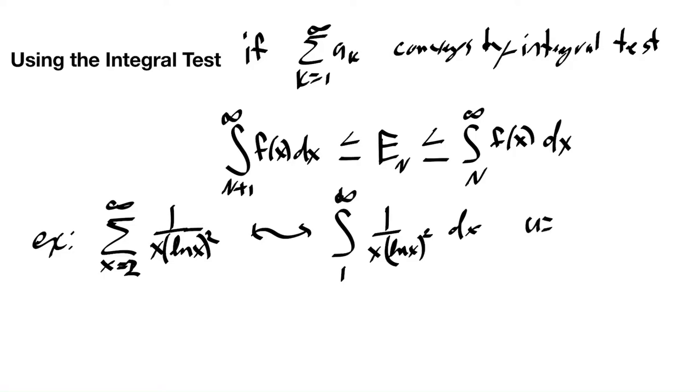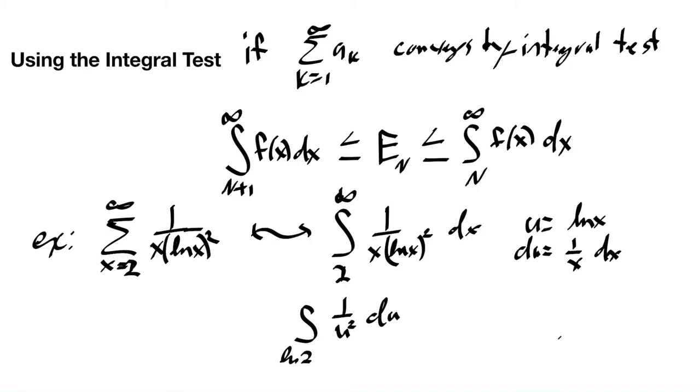And then what am I going to do? I'm going to let u equal the natural log of x, and then du is 1 over x dx. And so this integral becomes the integral of 1 over u squared du, and we want to go from the natural log of 2 up to infinity, because the natural log of t goes to infinity, so we'll take the limit as t goes to infinity.